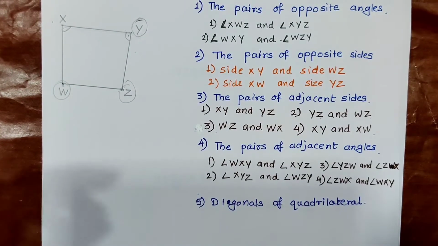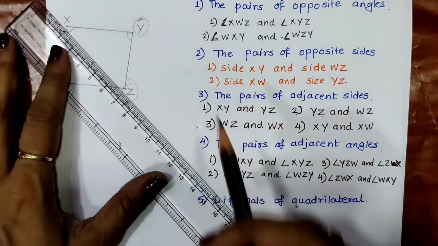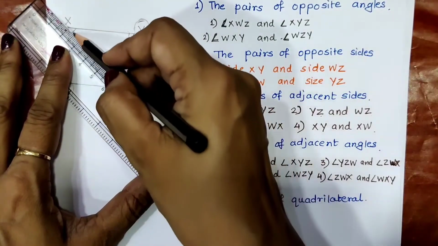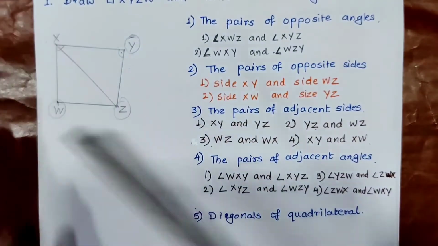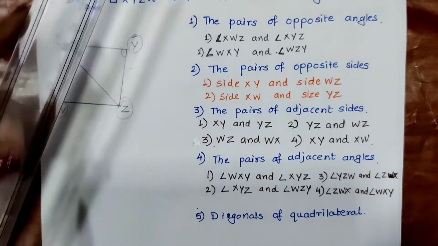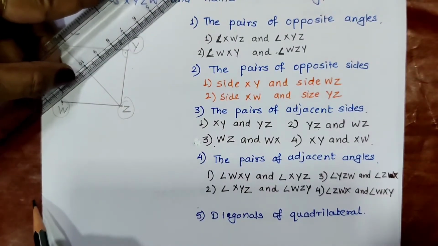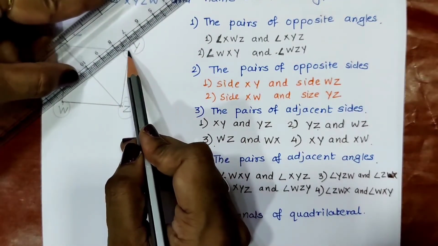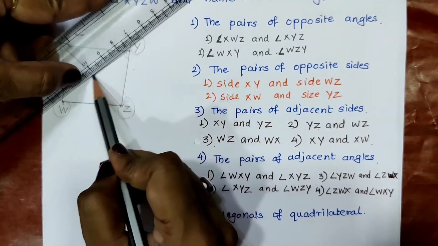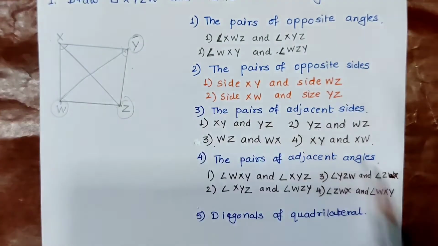Now diagonals. So diagonals are the segments which join opposite angles or opposite vertices. So this XZ is the segment which joins the opposite vertices. Then YW is also the segment which joins the opposite vertices or opposite angles. So these are the two diagonals.